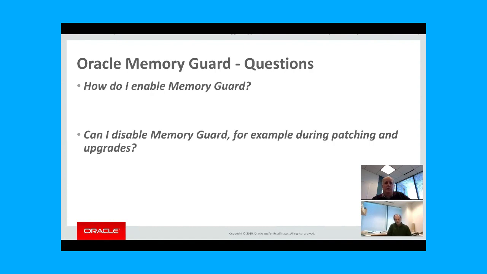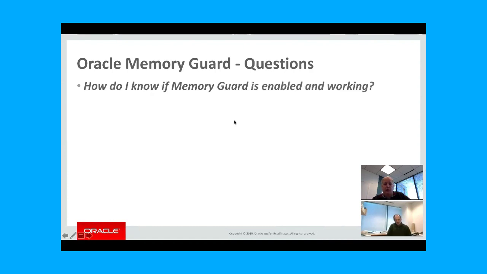Okay, so then if that's the case, how do I know that actually Memory Guard is enabled and working on my cluster? Right, okay, so generally speaking, you'll know that Memory Guard is working. Mostly you shouldn't know. It shouldn't be doing anything if your system is not under stress.